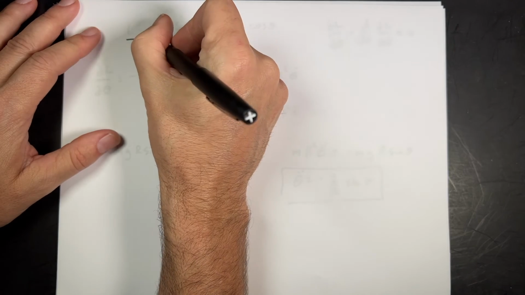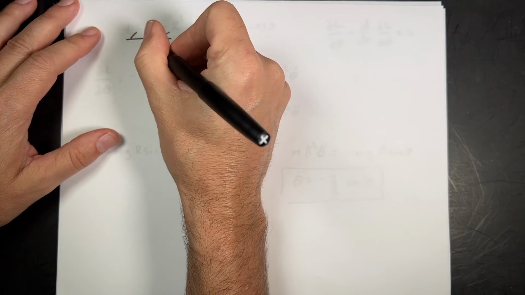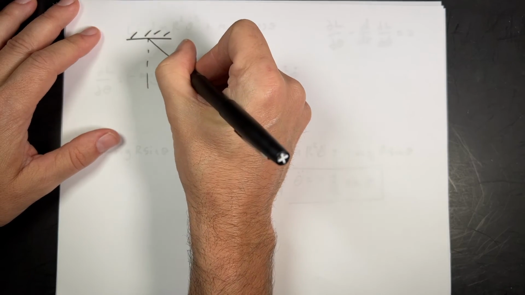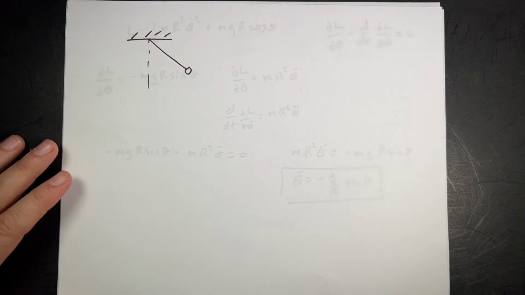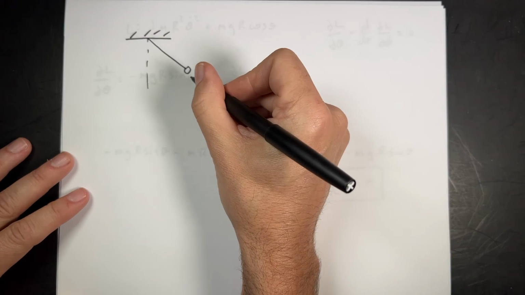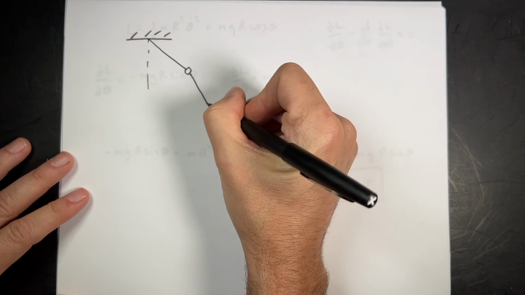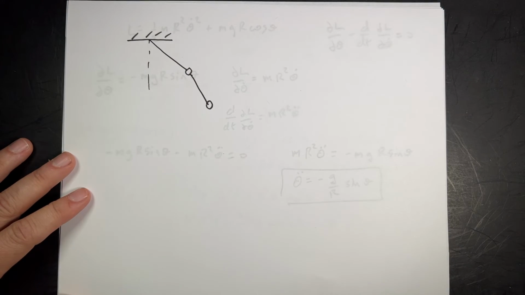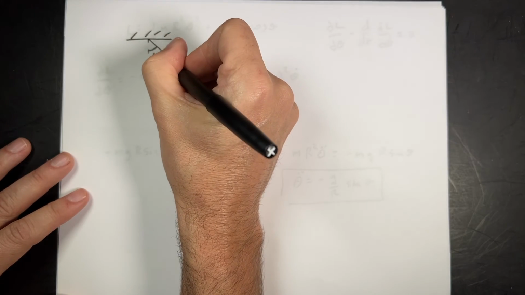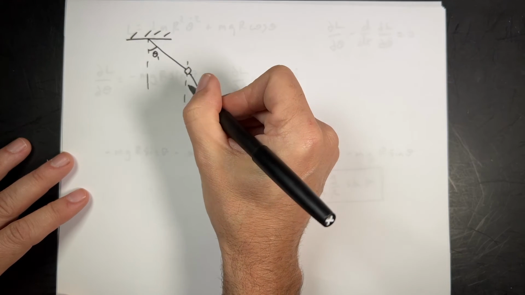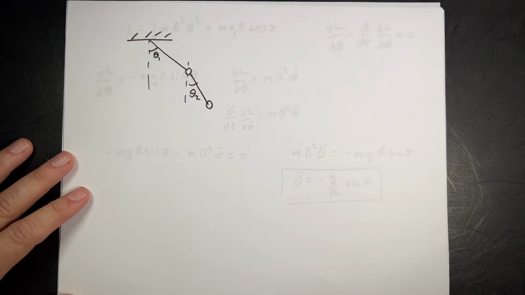Suppose I have this. Oh, we just did that problem. No, wait, we didn't. This is the double pendulum. So now I have two angles, theta 1 and theta 2.